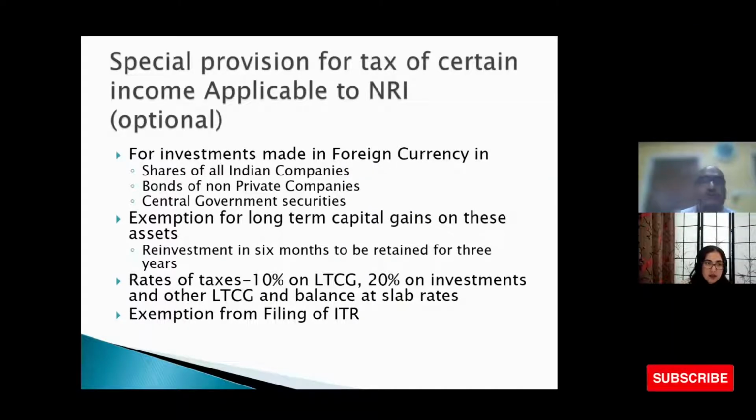Government had introduced a special scheme for taxation of income from financial assets for residents who had made investment in foreign currency. This scheme is optional for the non-resident. He may opt to be in or may opt to be out of this scheme.